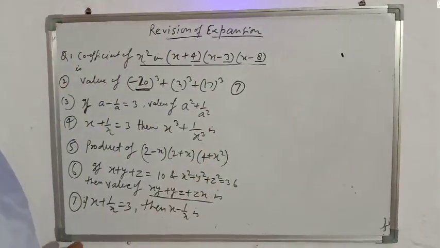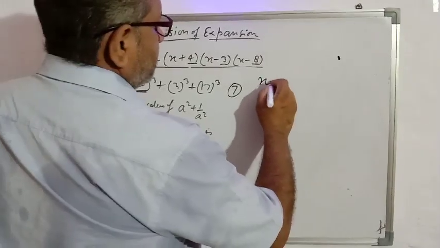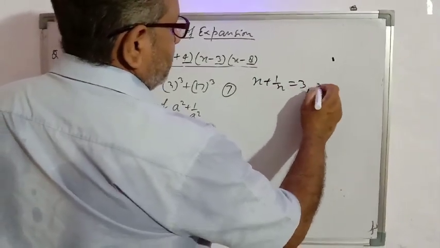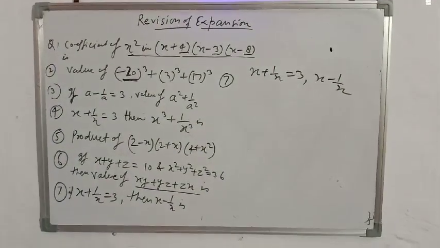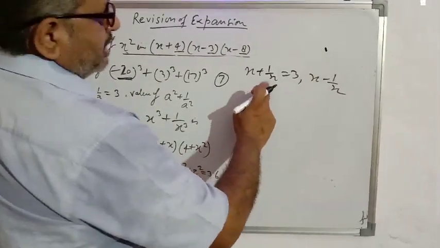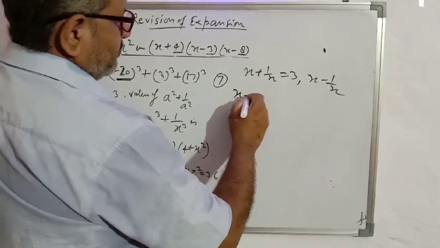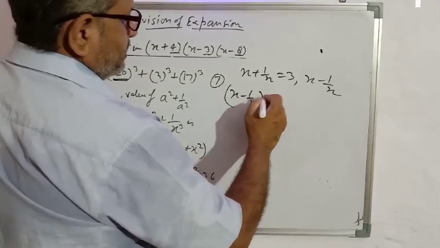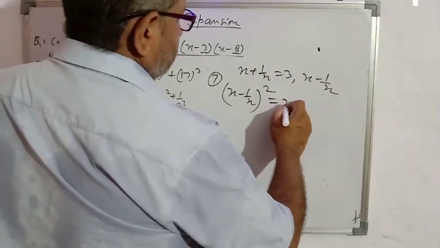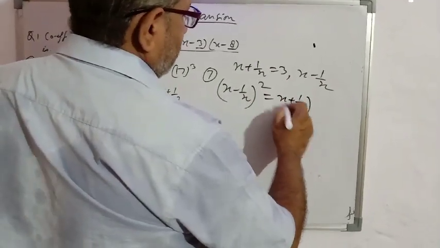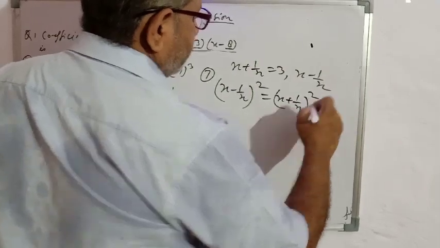X plus 1 upon x is given 3. We have to find x minus 1 by x. So what is the relation between x plus 1 by x and x minus 1 by x? We know that x minus 1 by x whole square is equal to x plus 1 by x whole square minus 4.